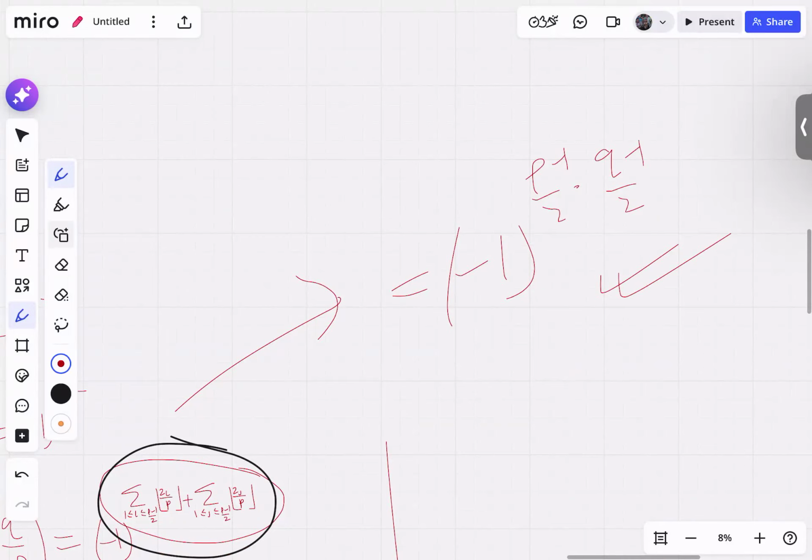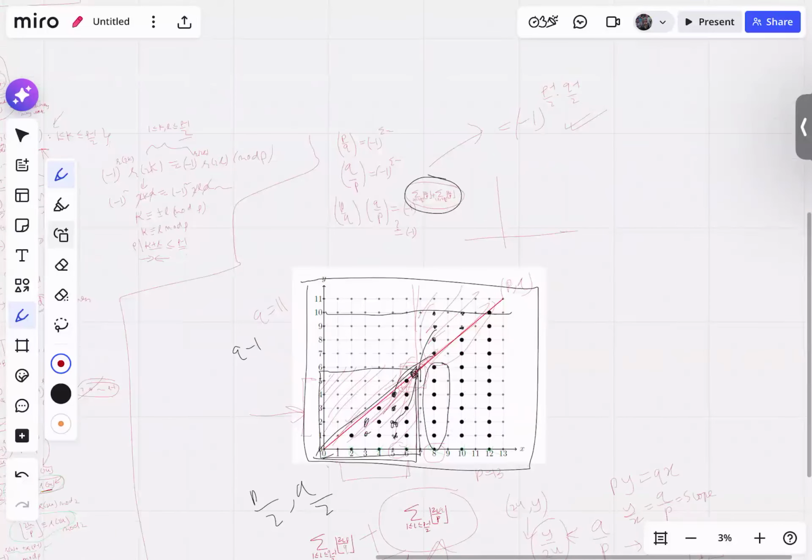Yeah, so at the end, when you reflect those points, the summation you're finding is essentially the points under that triangle, right? Yes, it is that, but modulo 2. And we are doing modulo 2 because it's in the power of minus 1.